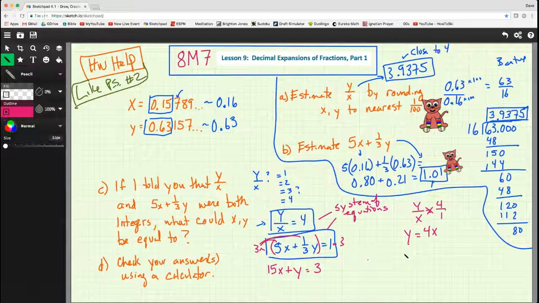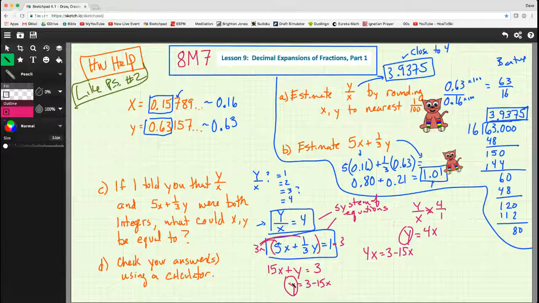So now I have 15x, or I could say, well, y equals 3 minus 15x. Let's just do that for a second. Now I have these two equations, and I can use substitution, because if y is equal to 4x and y equals 3 minus 15x, I could say 4x equals 3 minus 15x.